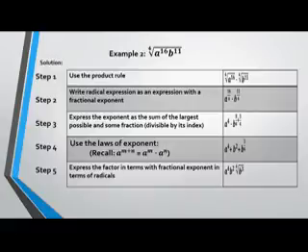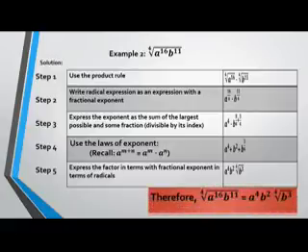So this will become a raised to the power of 4 b squared fourth root of b cubed. So our final answer is that the fourth root of a16 b11 is just equal to a4 b squared fourth root of b cubed.